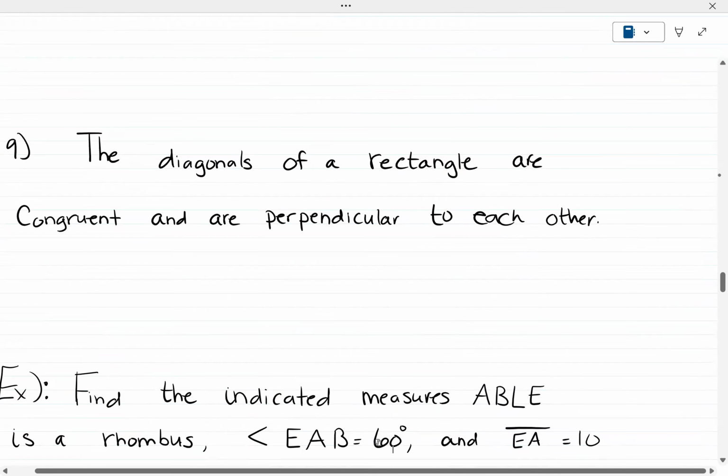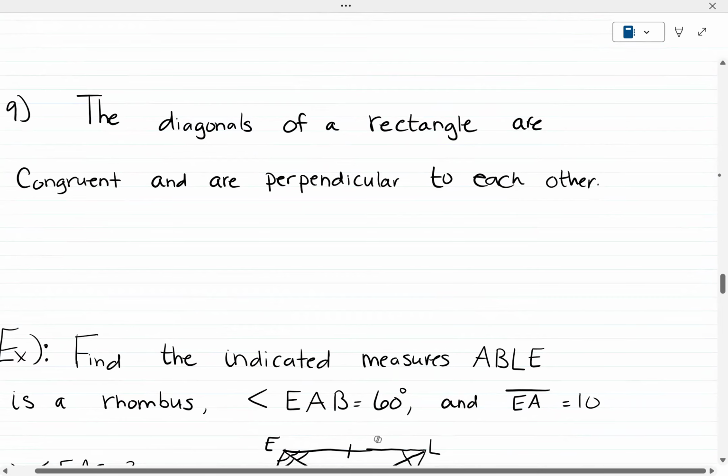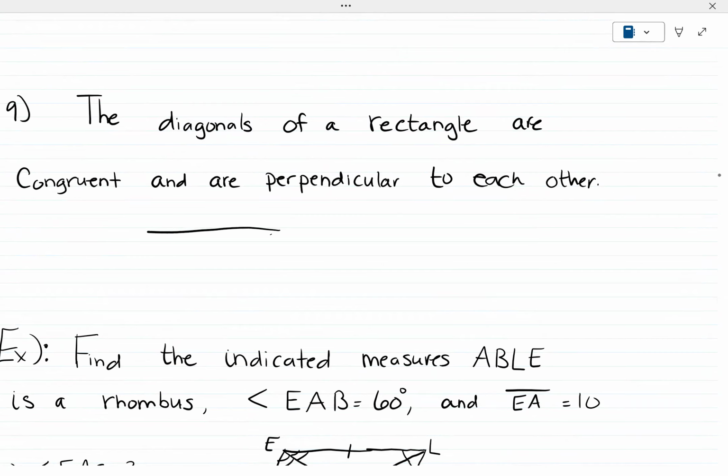Okay, question 9 says the diagonals of a rectangle are congruent and are perpendicular to each other. So is that true? In a rectangle, not all sides are congruent, but they all form 90 degrees, right?